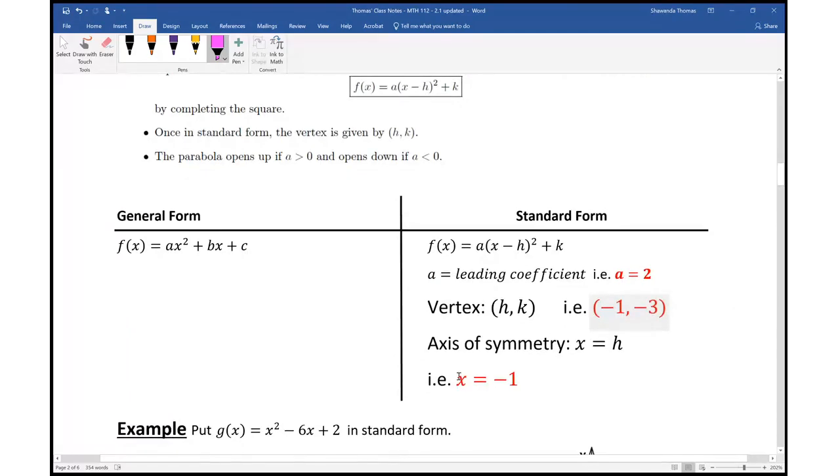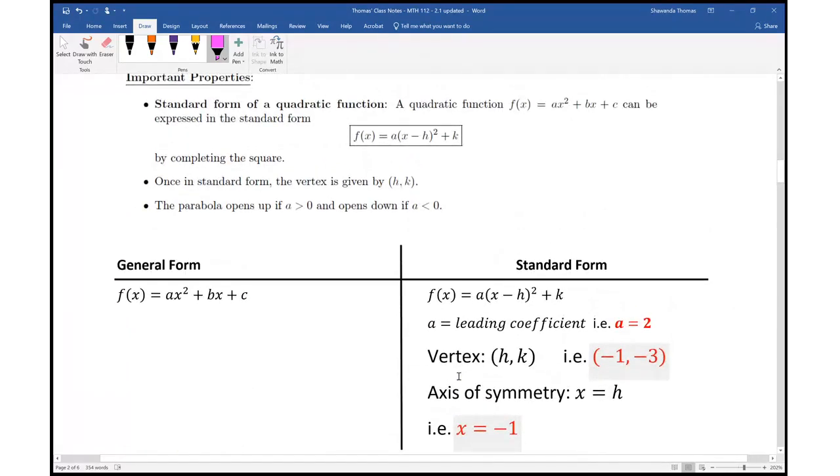And then our axis of symmetry, the formula is x equals h. And what is h again? h is right here. It always would be. So if you found the vertex, you automatically know the axis of symmetry because it's x equals h. Let me emphasize, for the axis of symmetry, you must put x equals in front of the number. You cannot just write the number that h represents.